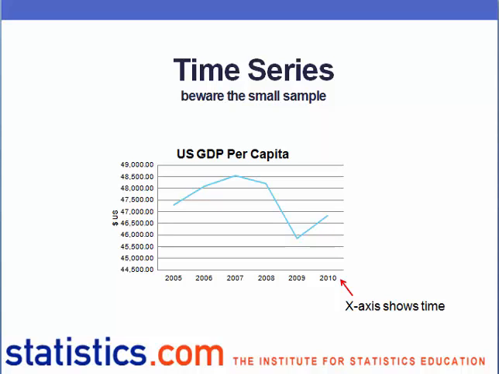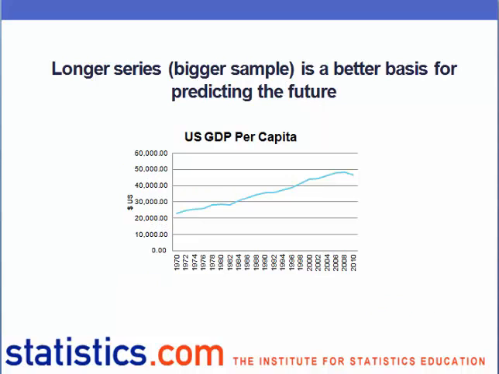Here we have the U.S. GDP per capita tracked over the years of the recession, both before and after the big recession of 2007-2008, showing a very dramatic initial shift up and then down. A longer time series will generally give a better basis for predicting the future. Here that recession shows up, but as a much smaller relative blip on the long-term trend.